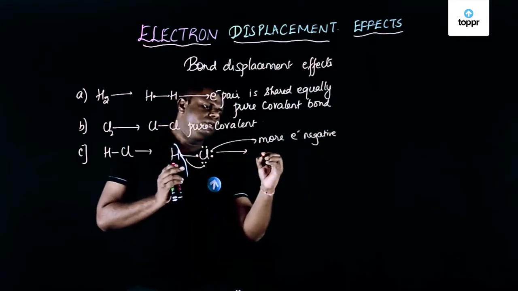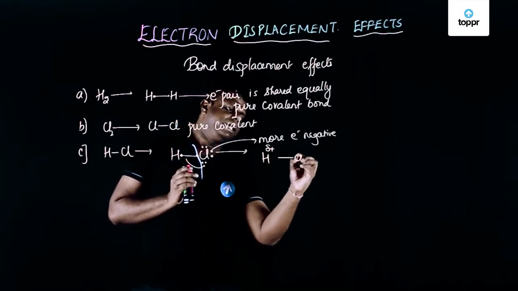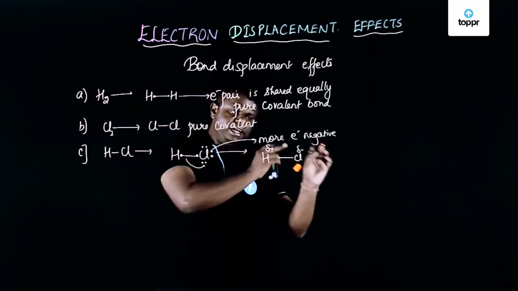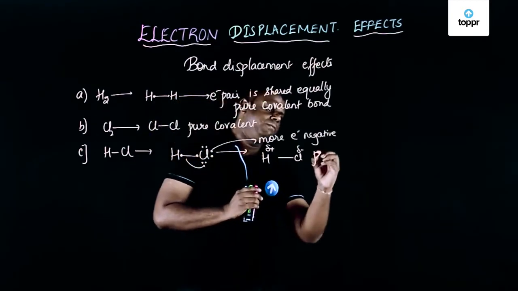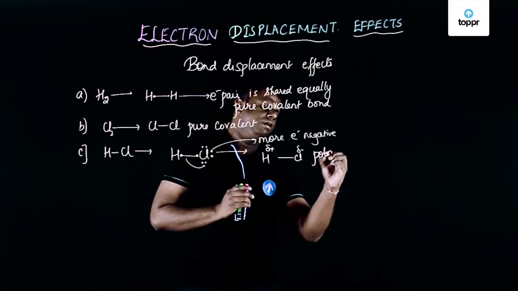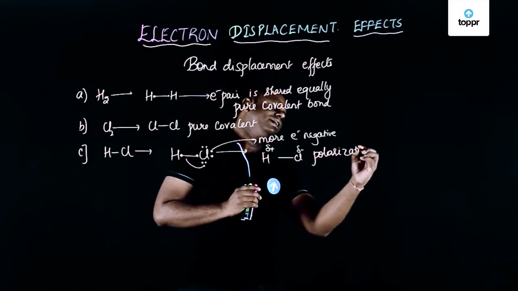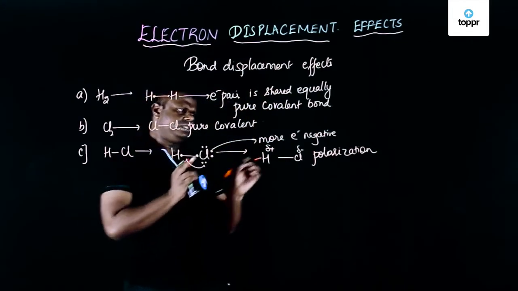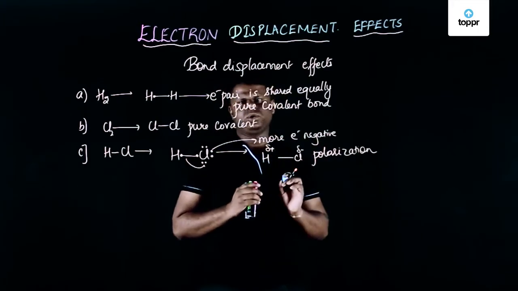So, hydrogen would get a partial positive charge and chlorine would get a partial negative charge because the electron density would be slightly shifted towards chlorine. This gives rise to polarity, or you could easily call it polarization. So, what exactly do you mean by this term? What is happening over here is polarization of a covalent bond.